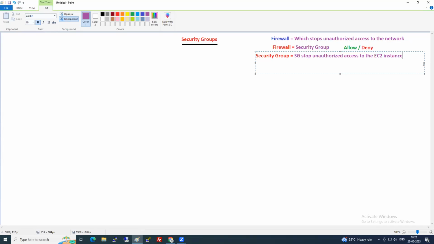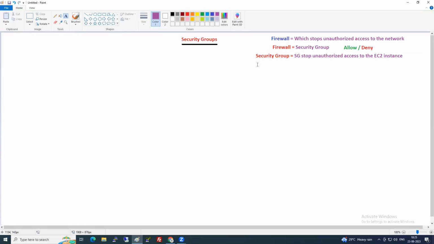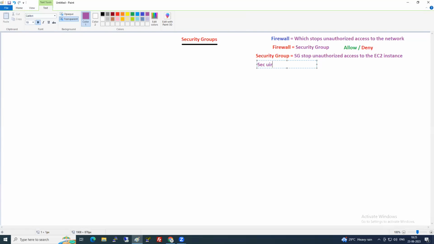So EC2 instance is secured by security group. So can I say security group is used to secure the EC2 instance? Yes. Security group is used to secure the EC2 instance. Let's go slowly, okay?